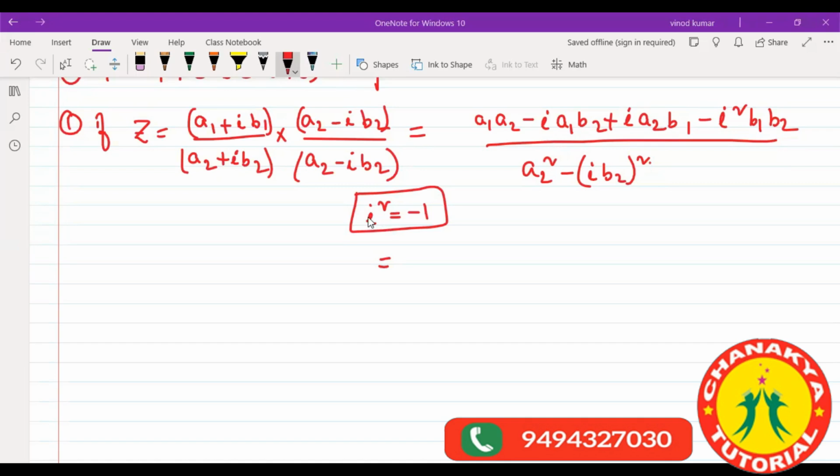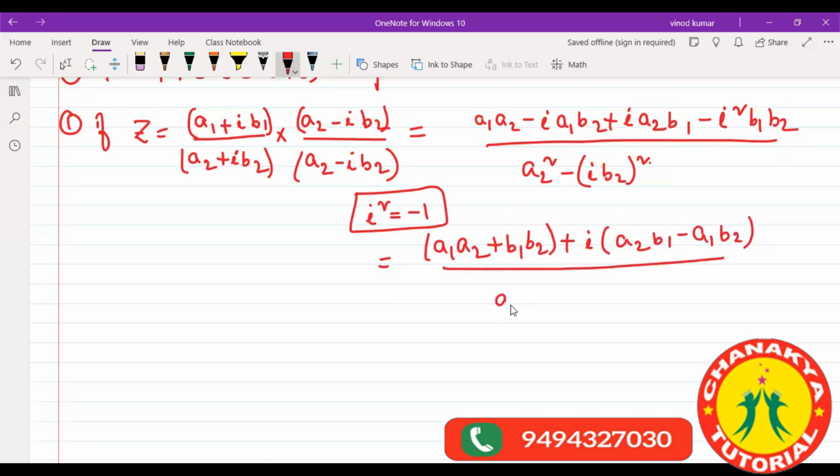Now we substitute i square equals minus 1 here. Minus of minus is plus. Now A1 A2 plus B1 B2, plus i taken common: i times A2 B1 minus A1 B2, divided by A2 square minus i square B2 square.